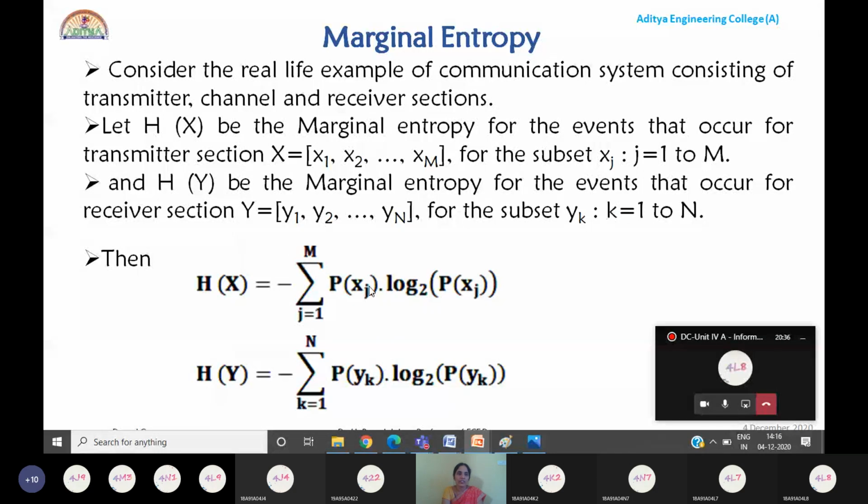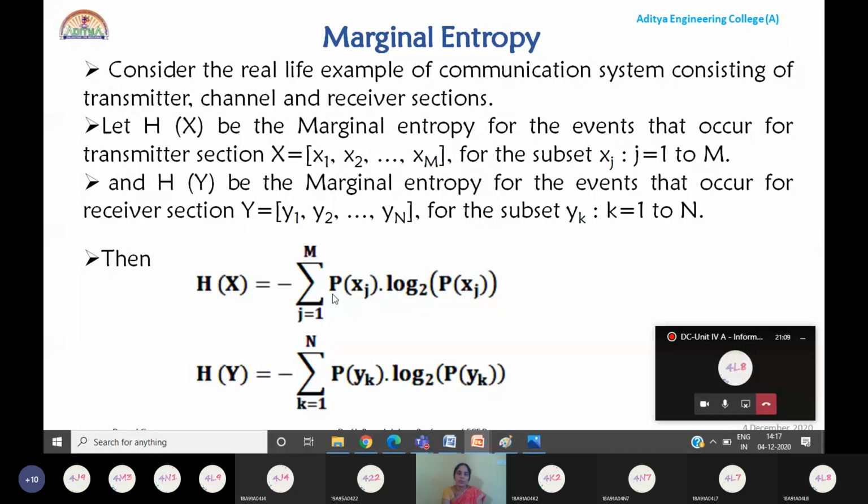Here you can see H of X is defined for the transmitter section events, capital X. It is represented as minus summation j equals 1 to M, p of xj log p of xj, base 2. If the p of xj matrix is given in the problem, you can automatically solve the entropy of the transmitter section.